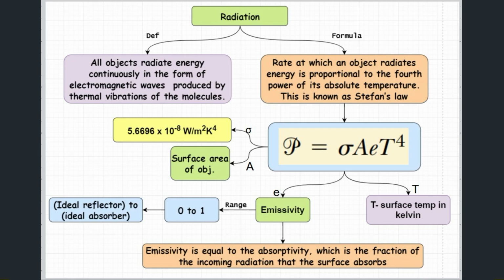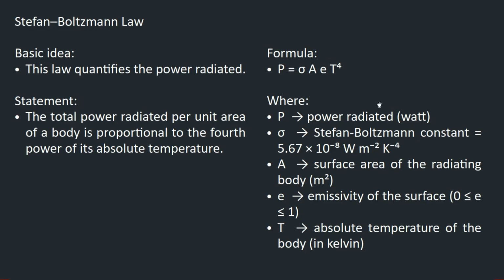So we started with radiation. This particular video is linked to radiation. In specific, we are talking about thermal radiation. Under thermal radiation, there are two laws that help us understand quite a few phenomena. And of course, the main phenomena with radiation are absorption and emission.